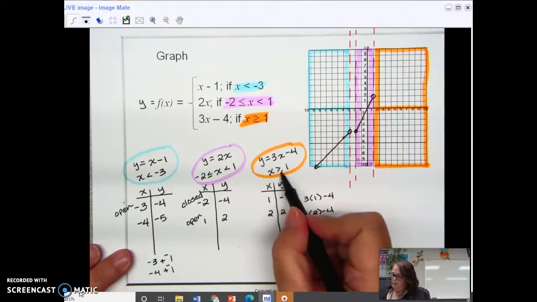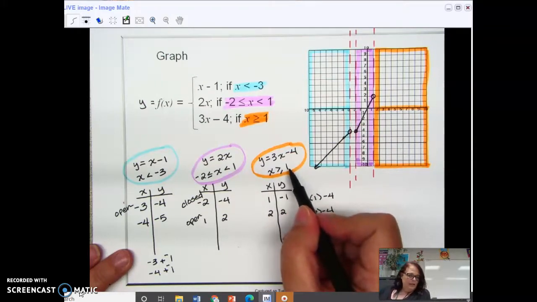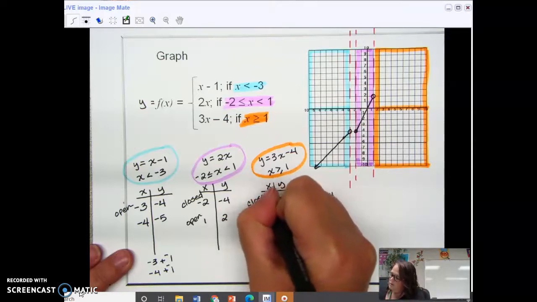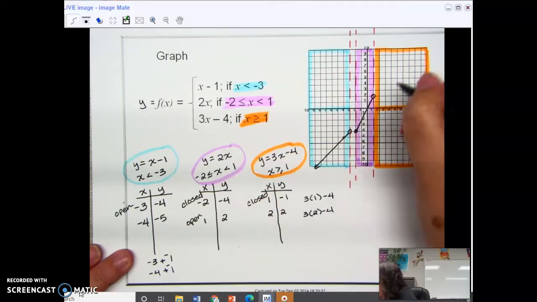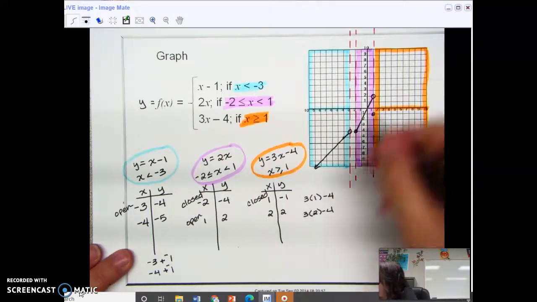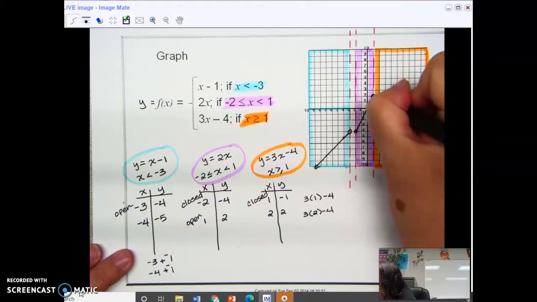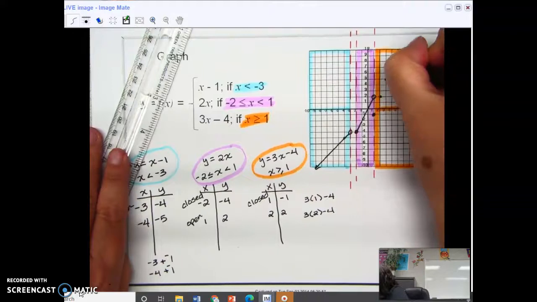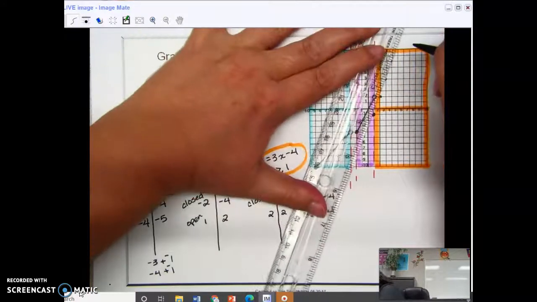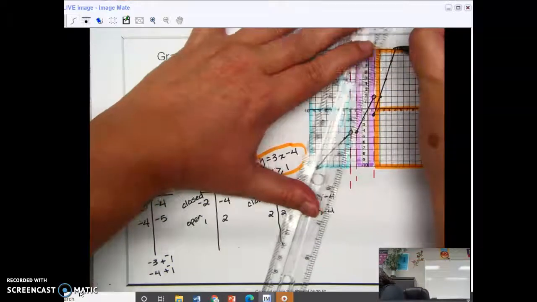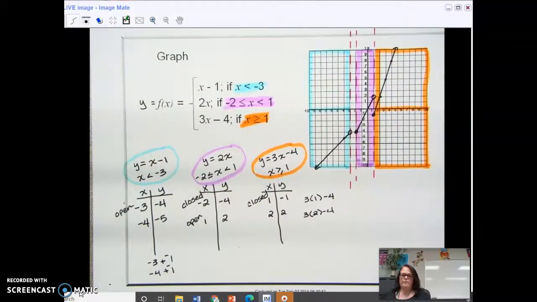So is 1 greater than or equal to 1? And the answer is yes, so this is closed. So at 1, -1, I'm going to have a closed circle. And then I have a point at 2, 2. And then I'm going to continue that on in the orange domain. And that one will go on forever.